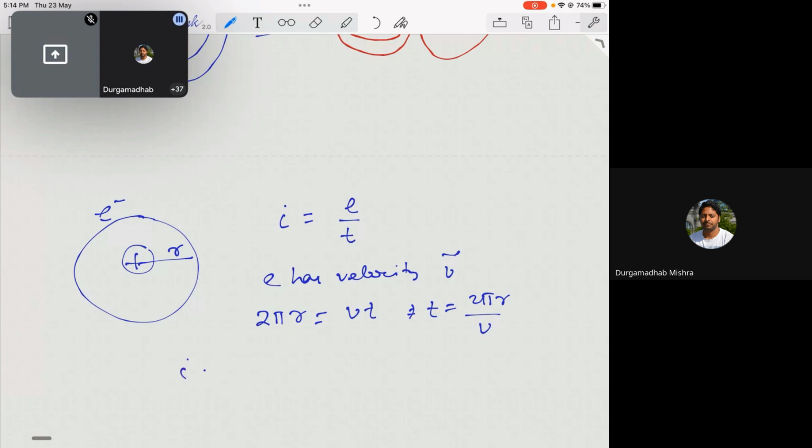And so the current will be given by, since we are talking about electrons, we take a negative charge, minus e by T, so this will be minus e v by 2 pi r.